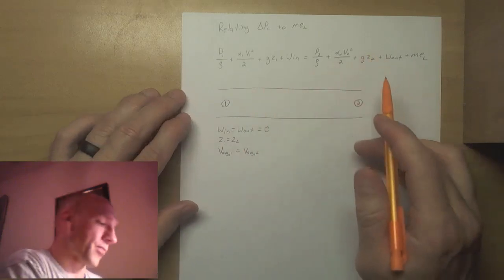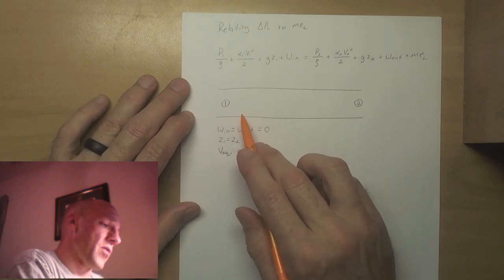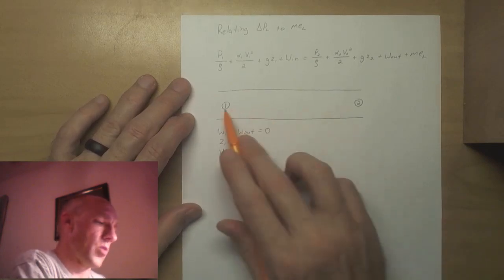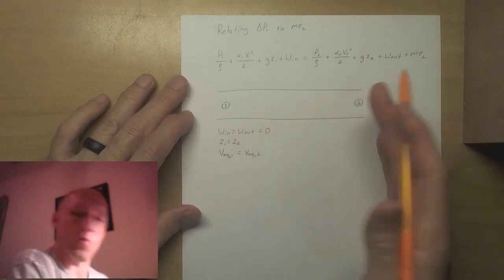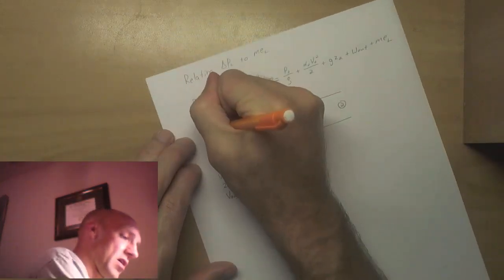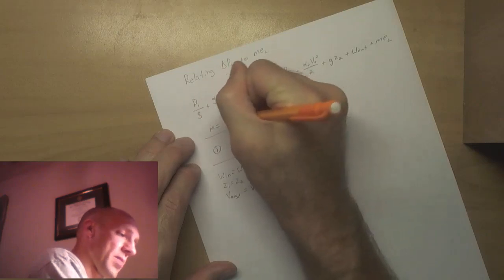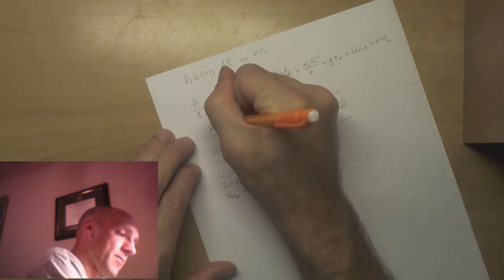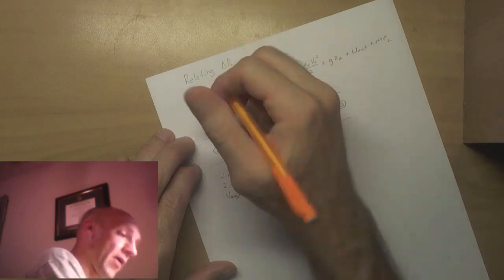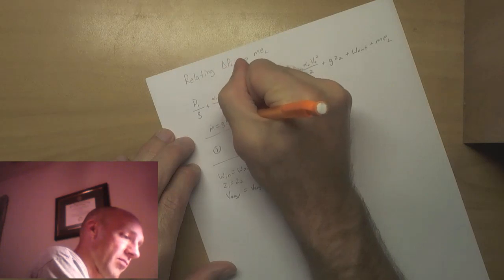Now, something that's a little less obvious is that the average velocities have to be equal here and there, and that's just a simple relationship due to the mass, right? The mass flow rate is going to be the density times the area times the average velocity.